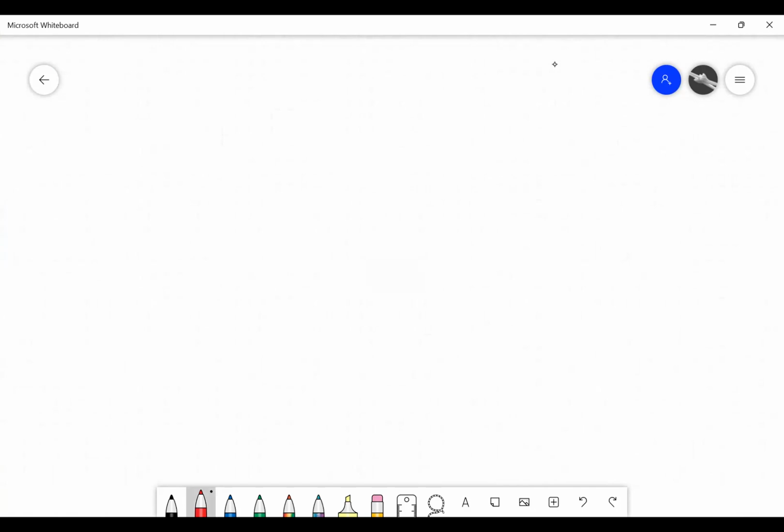So I'm going to draw an acyl chloride out for you now and explain that. So we've got our acyl chloride here.